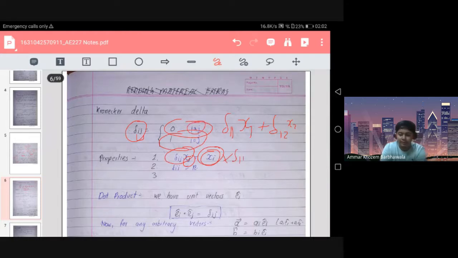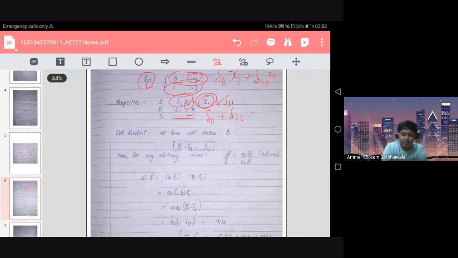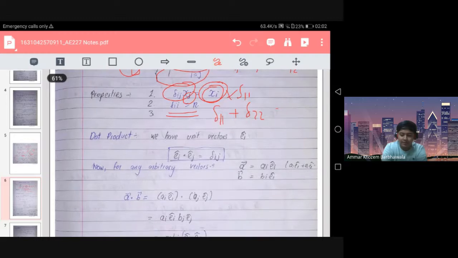So that would be xi. Also, delta ii is equal to n. Delta ii means that i is repeated twice, so I would do delta 11 plus delta 22 plus up to delta nn, and that would obviously be equal to n in that case.